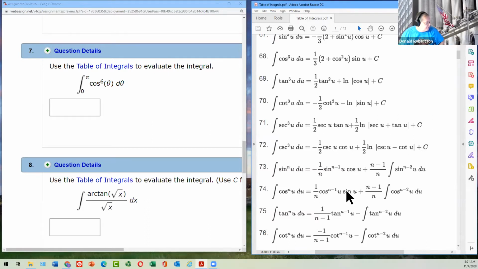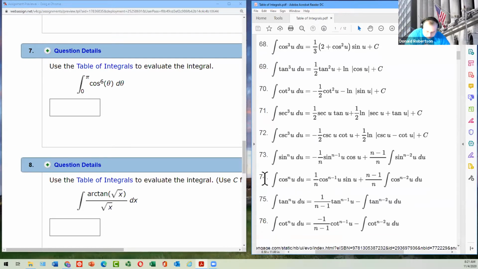Now, the guy that I'm going to use is number 74. Now, entry 74 says the cosine to the nth power of u is 1 over n the cosine of the n take away 1th power of u, sine of u, plus n minus 1 over n, the integral of this guy.